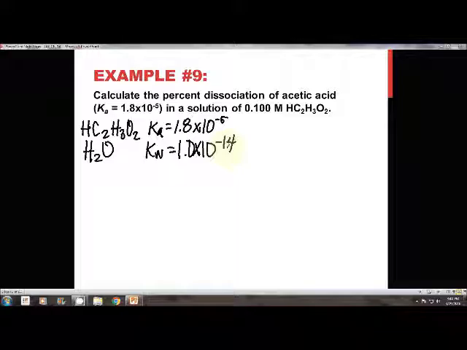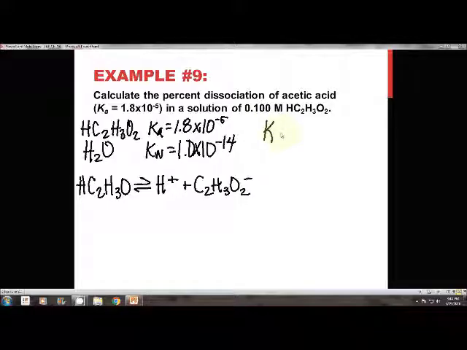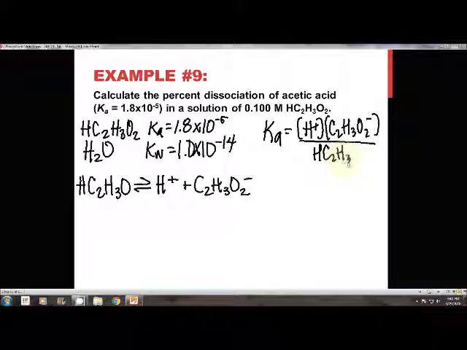So for our reaction, we have the acetic acid breaking down into H plus and acetate, and our K expression for Ka equals the H plus times the acetate all over the acetic acid.